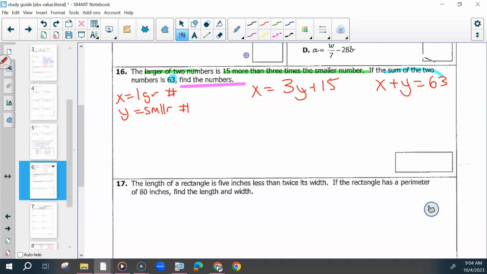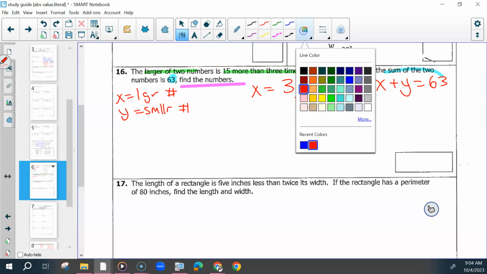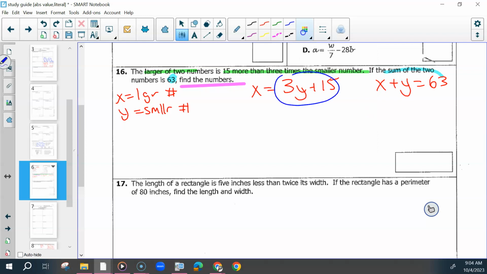How it is similar to the perimeter question is we have an x equation. We have somewhere where x goes. So we're going to take that and put it into x. And then we can solve.